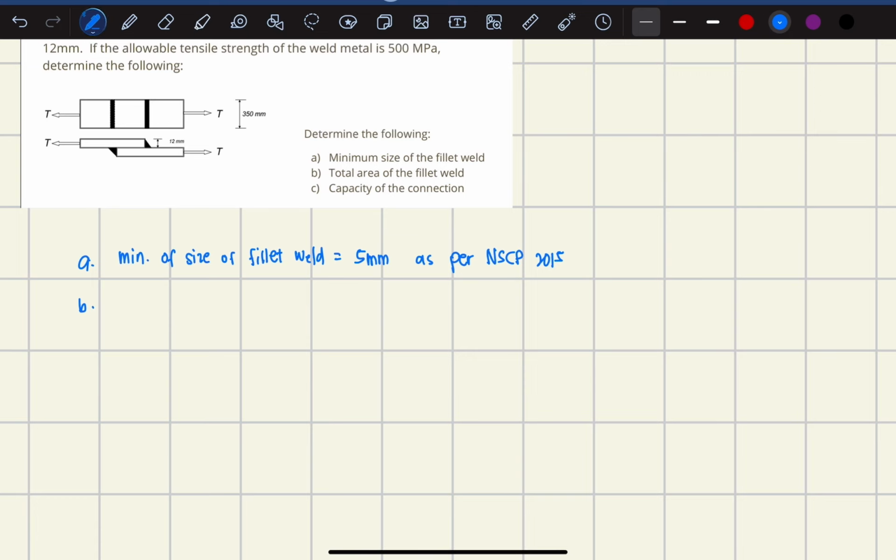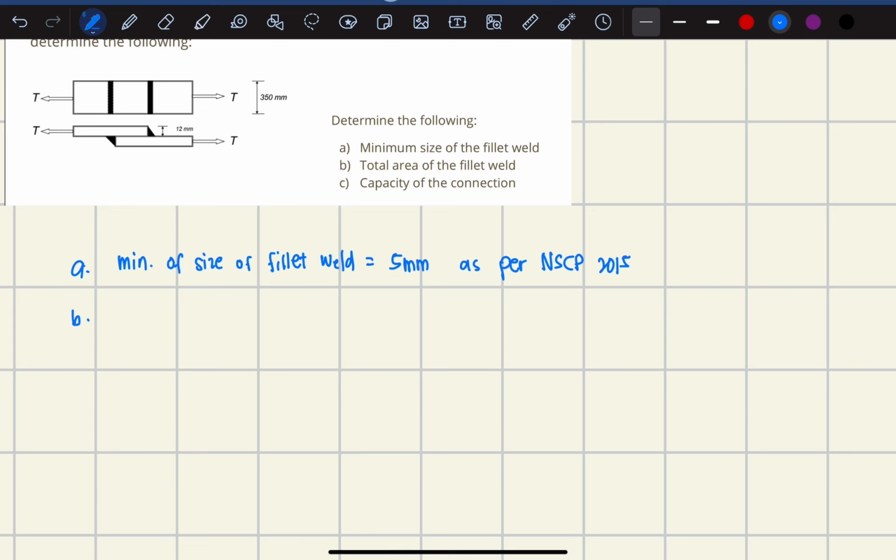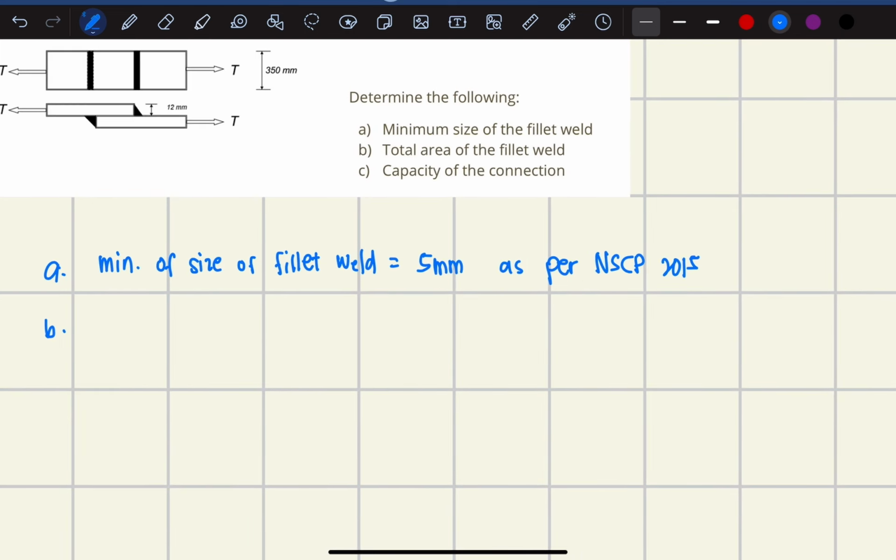Letter B, total area of the fillet weld. We know that the tributary area is at the throat. So area is equal to 0.707 times the thickness times the length.